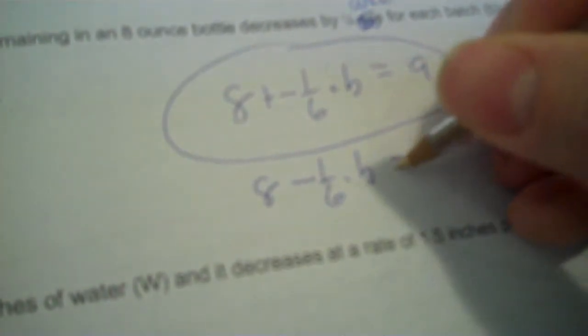So you can either write 8 plus negative 1/6 times B or 8 minus 1/6 times B. It means the same thing. I usually go plus negative, but that's just me. You can do the plus negative or the minus. They mean the same thing.